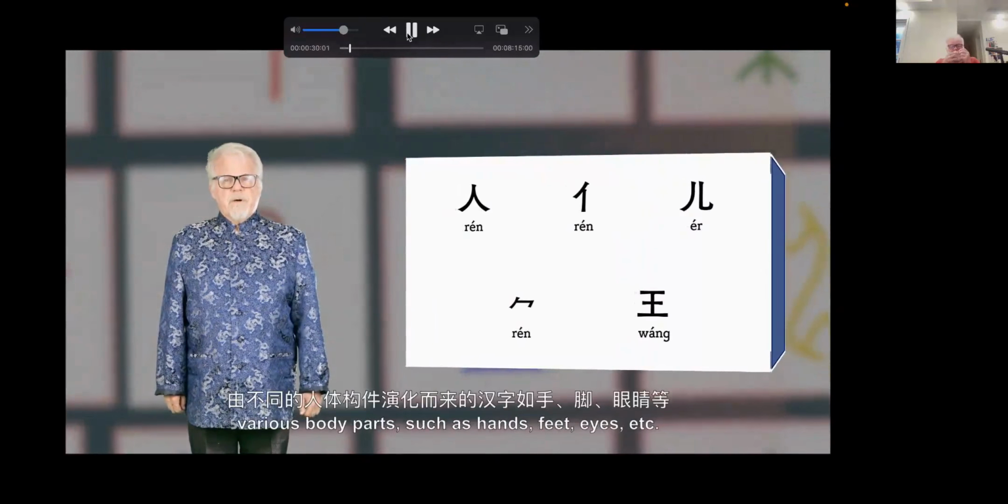The third one looks like a pregnant lady. Oh, yes. The seal characters, okay, I'll say it in English. The top one has been around for a couple of thousand years. It basically means a person.